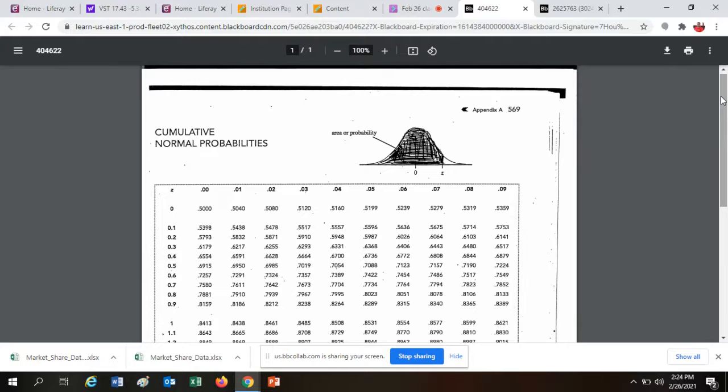And what it will tell you is the area, which is the same thing as the probability, of the interval that is shaded. So in this particular case, it is shading from minus infinity to this number z, this letter z, right? And that is what this table shows.